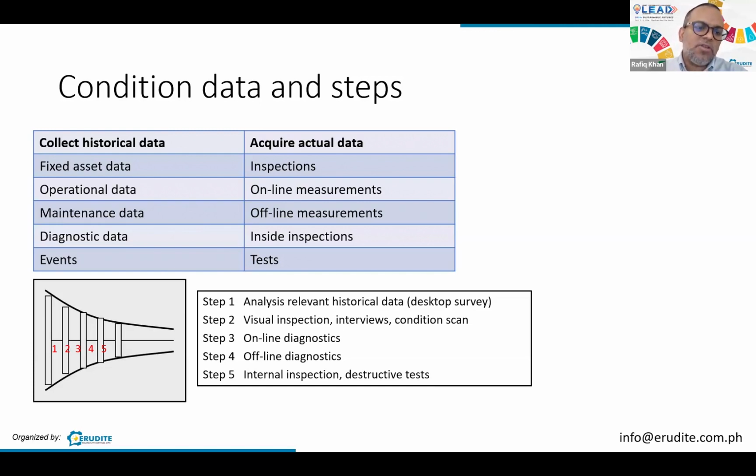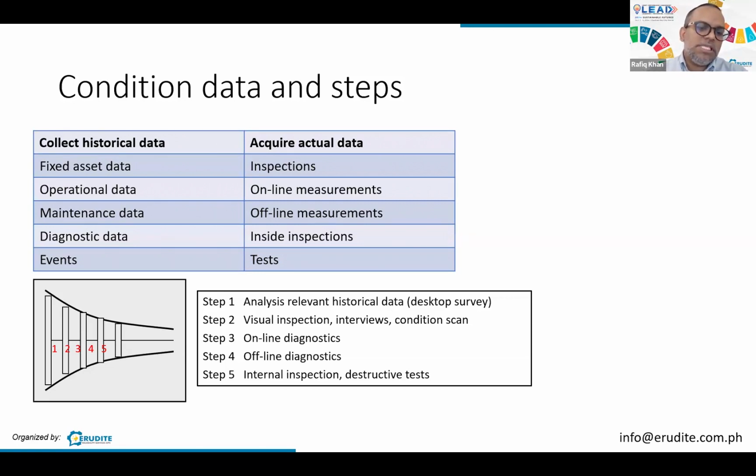So you narrow down your target now. With online and offline diagnostic, you become a bit more sharp. And the best is when you start doing internal inspections, tearing down or opening up equipment which have failed or aged, and then you can look at the mechanism better. So it's tapering down to a better range of accuracy, I would say.